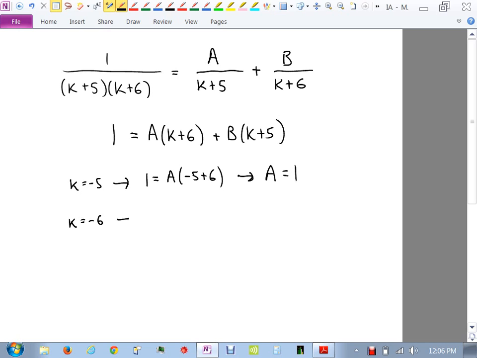If k is negative 6, we get this, which means B is negative 1. Okay. Good? That means I can rewrite it as 1 over k plus 5 minus 1 over k plus 6. That's our partial fraction decomposition, right?